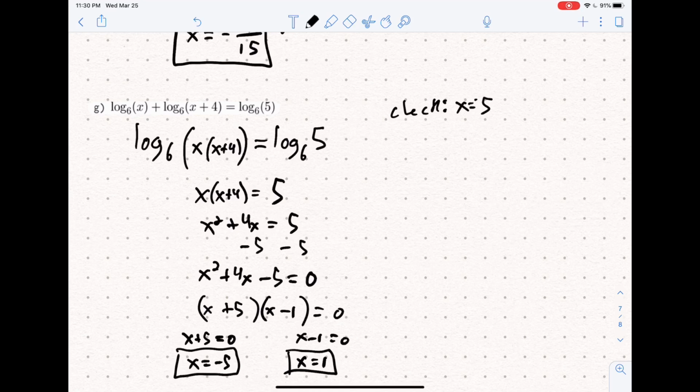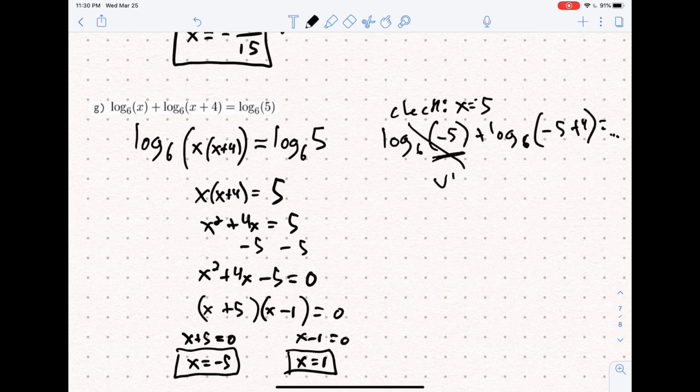And if we plug that into our equation, we're going to have the log in base 6 of negative 5 plus the log in base 6 of negative 5 plus 4 is equal to ... I can tell already that this is going to be undefined because we can't take the log of a negative. So this is undefined. And that means that this solution, x equal negative 5, does not work.